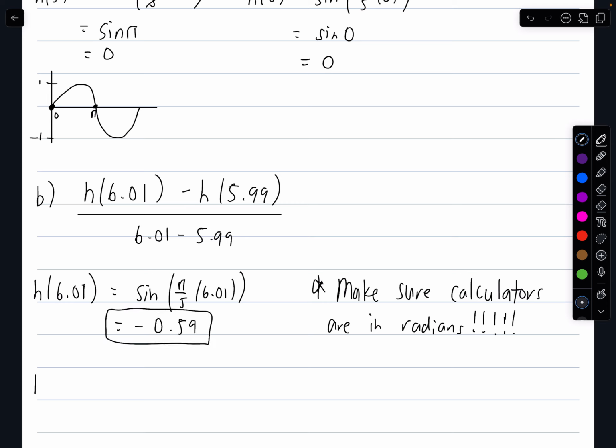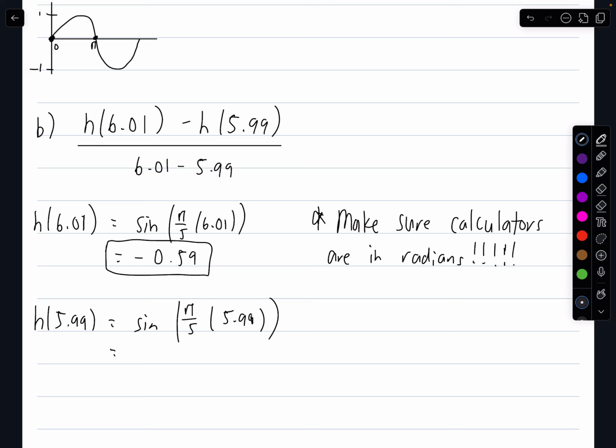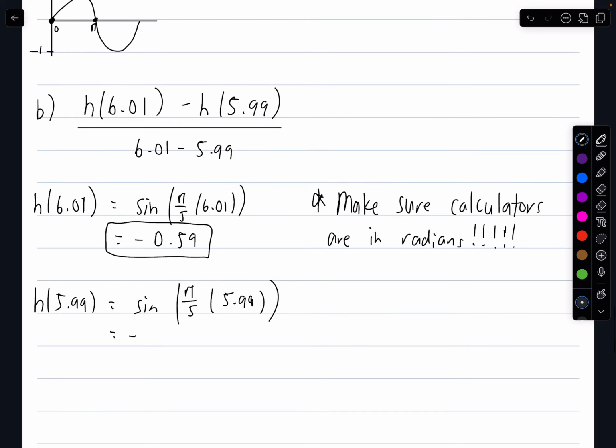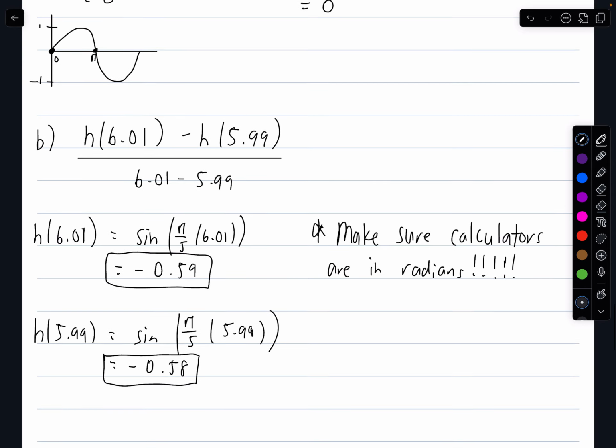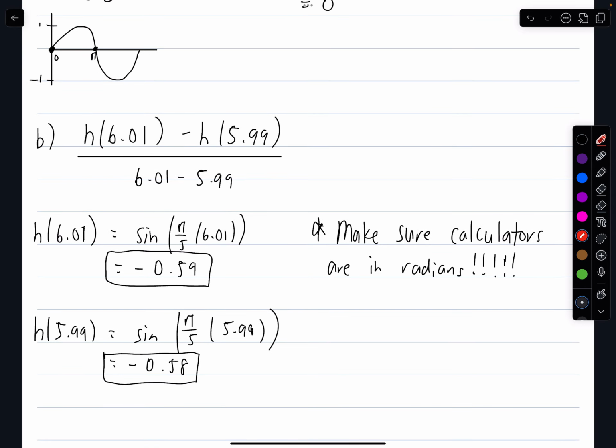Okay, now let's do it for 5.99. We'll have sine pi over 5 times 5.99. Make sure your calculator is in radians again. So we go pi over 5 times 5.99, and you end up with negative 0.58. So now we can plug those back in up here.